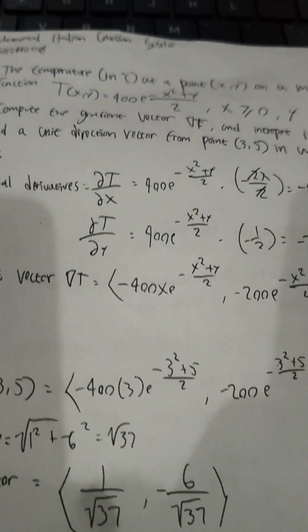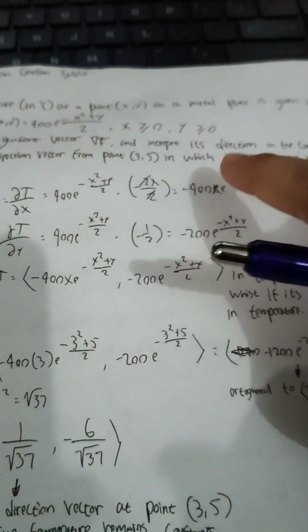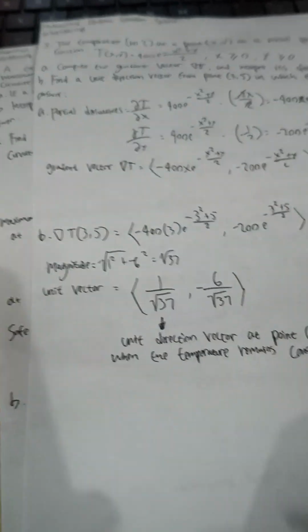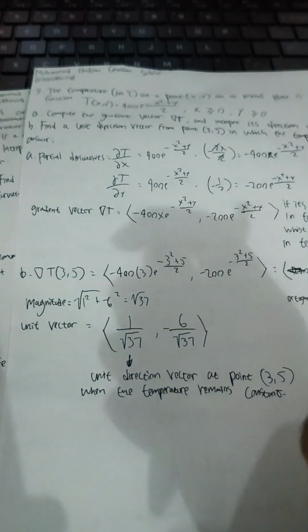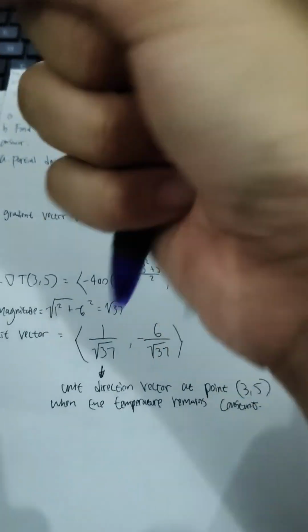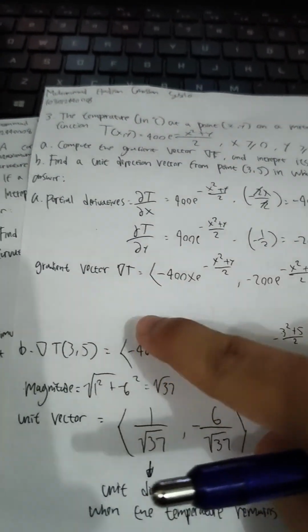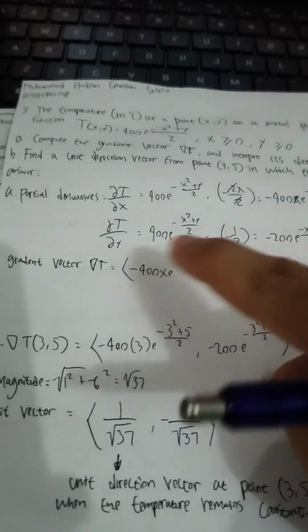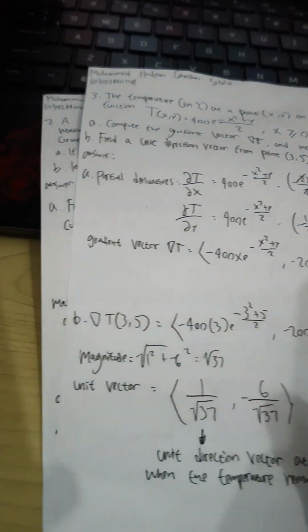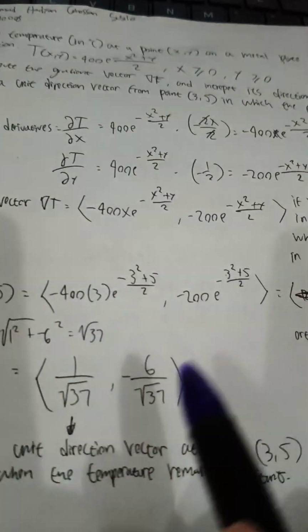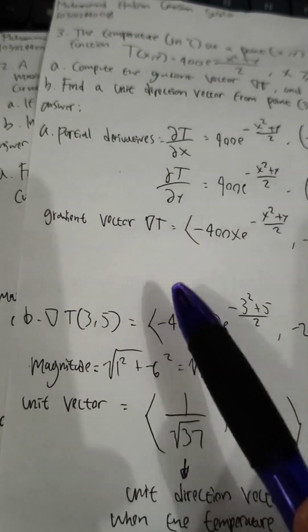And finally B, we need to find the unit direction vector from point (3,5) in which the temperature remains constant. Okay, so we need to find a vector in which the temperature remains constant. We have this formula already, and we just put in (3,5). Very simple. That's why I love this particular material in calculus. X is 3 and y is 5.